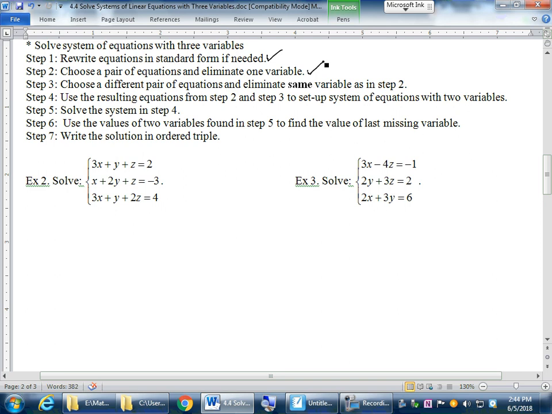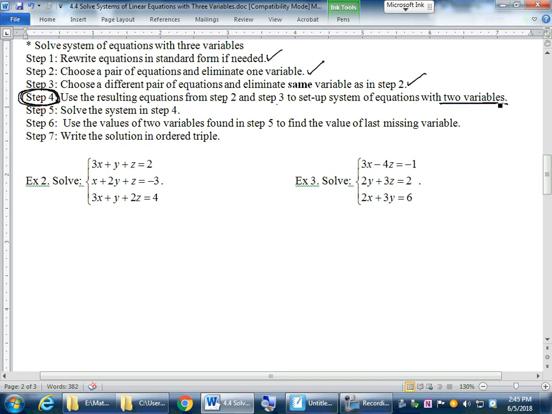And after that we're going to choose a different pair of equations and eliminate the same variable as we did in step 2. So that will help us make the result from step 2 and the result from step 3 have the same variables. And that's our goal, because now we're going to set up a system of two equations in two variables.